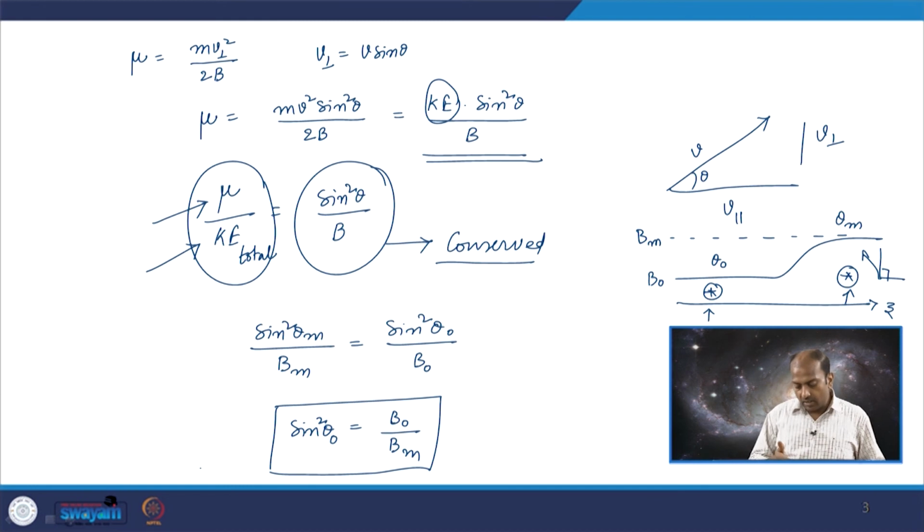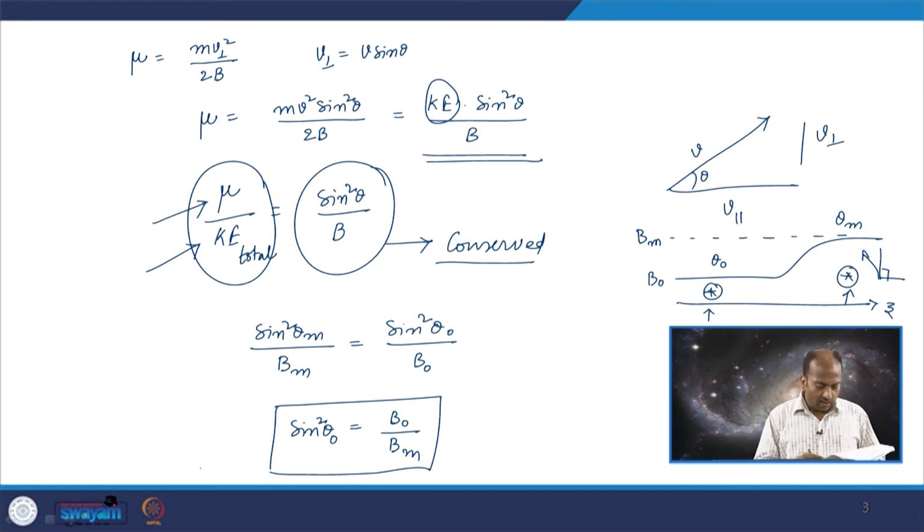If the particle's initial angle is matching this condition, only then sin square theta by B remains conserved. If sin square theta by B is conserved, only then the magnetic moment is conserved. The magnetic moment conservation is what allows the particles to be trapped, right. So, all this is a kind of one-to-one conservation rule.